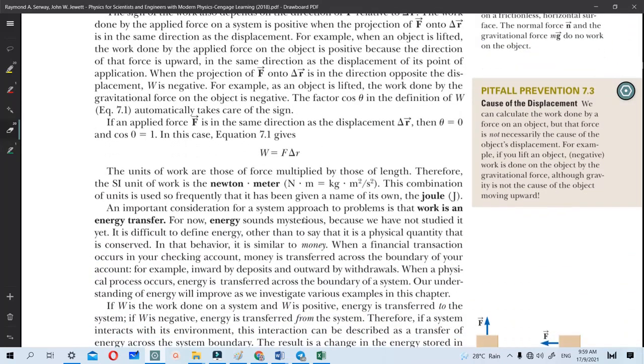Now, to wrap up the idea of work before we proceed with a calculation, work is force times displacement, but they must be parallel with one another.